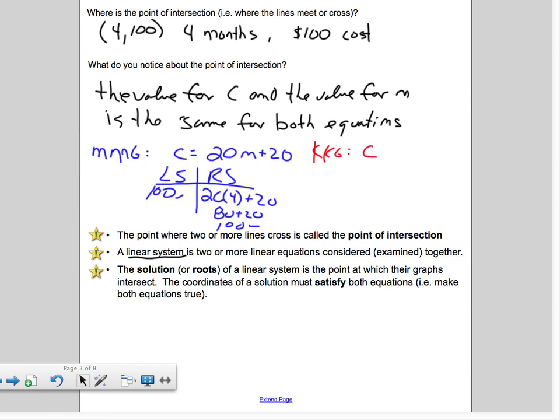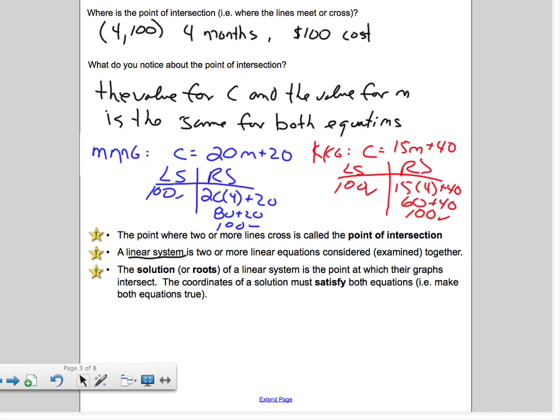That equation was C is equal to 15m plus 40. So we'll do the same thing, left-hand side, right-hand side. Cost was 100, months was 4, and we see that 60 plus 40 gives us 100. So that's what we mean: that pair of values must make both equations true.